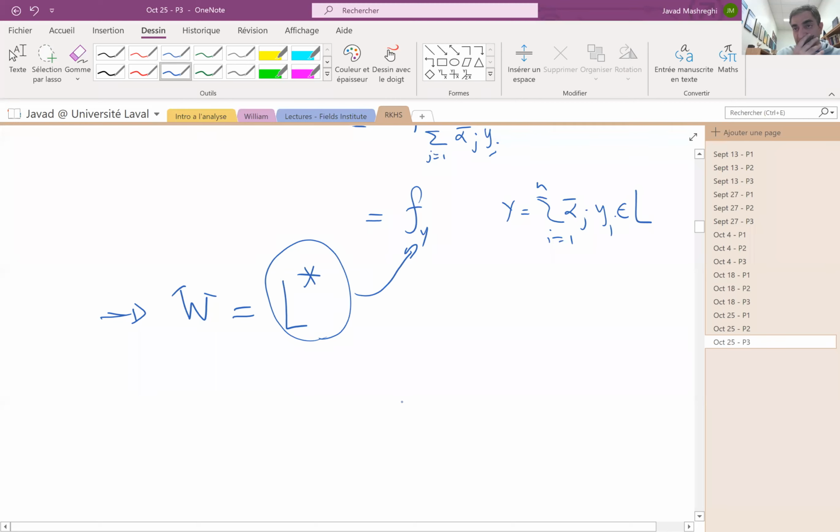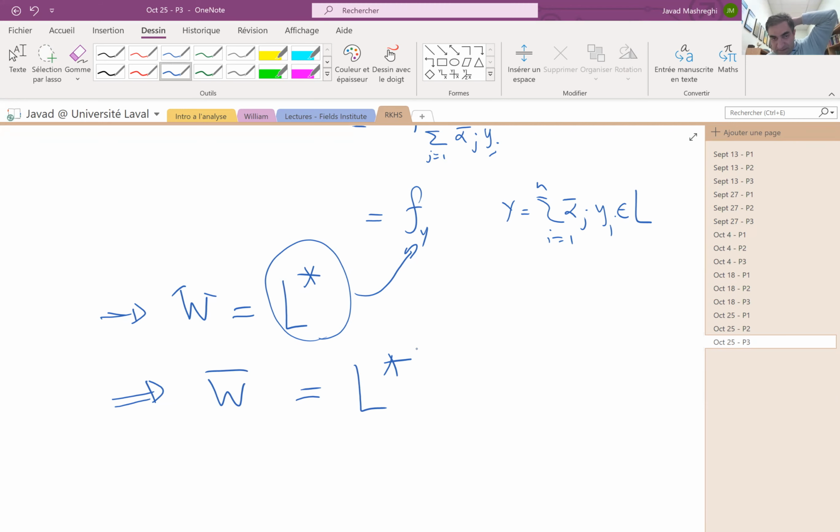And recall the discussion we had with Sheldon before the break. Why can I go from here and say W bar is also equal to L star? In the finite dimensional case, the same justification works, everything is complete.